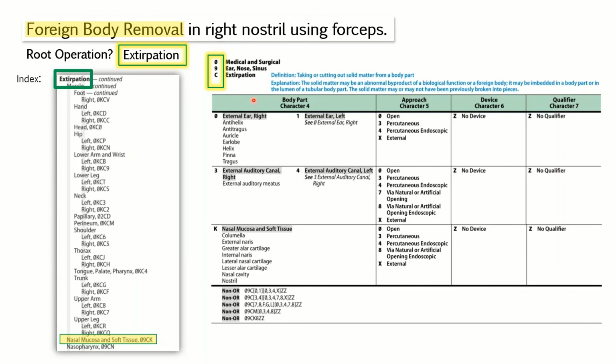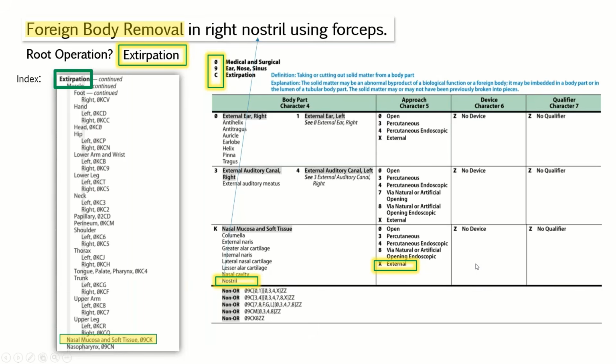Let's go ahead and find our 4th character body part, and our default gave us K. And if you look under K, nasal mucosa and soft tissue, we're going to select the nostril because the nostril is in the documentation. What's our 5th character approach? Our 5th character approach is external.